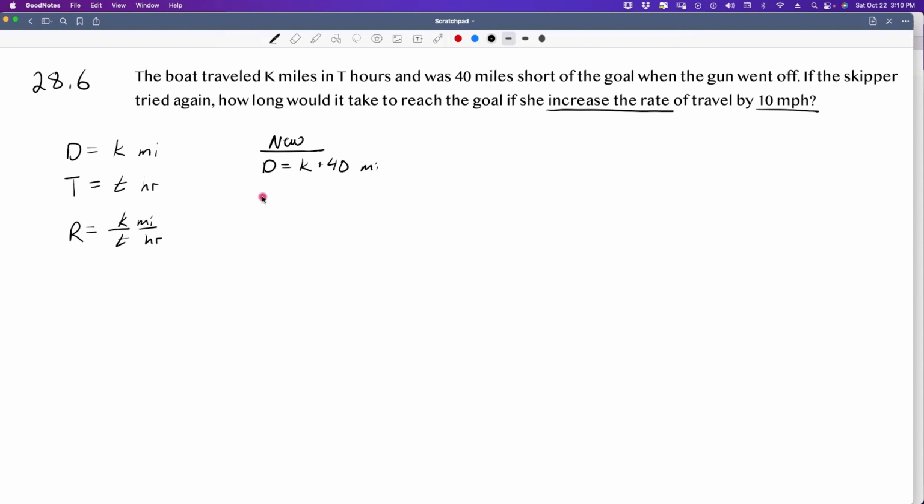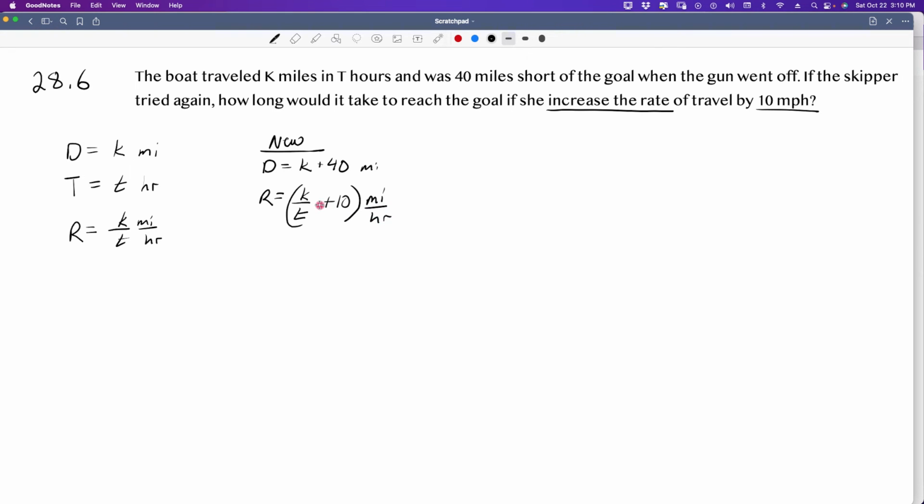So our new rate is going to be K over T plus 10. We've got to get 10 faster, and that's in miles per hour.